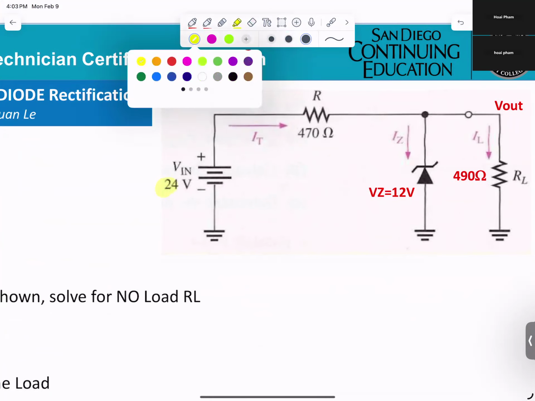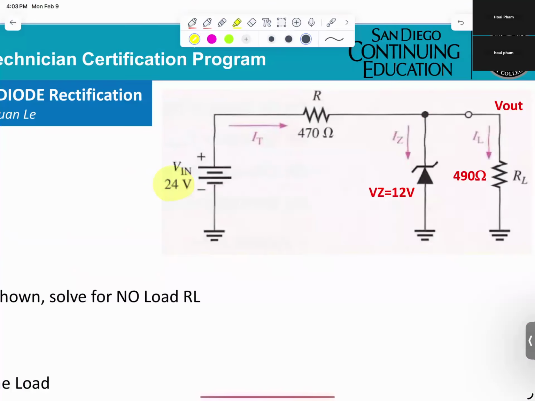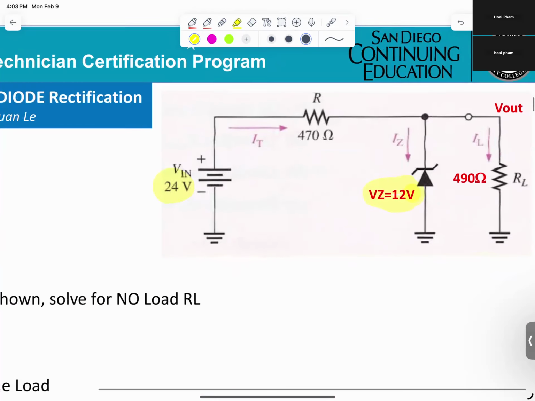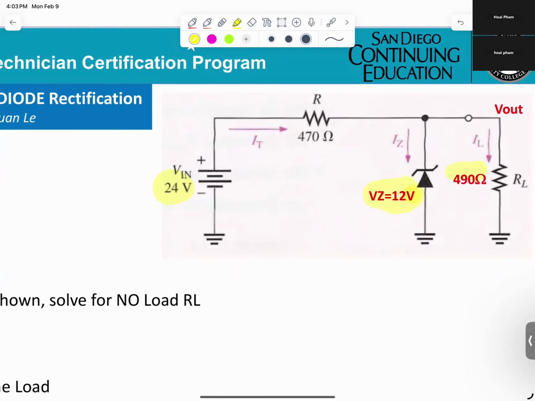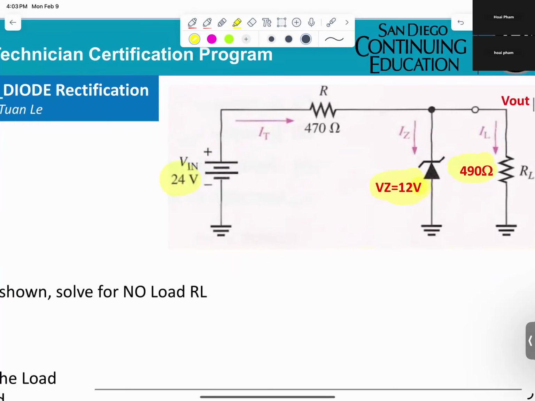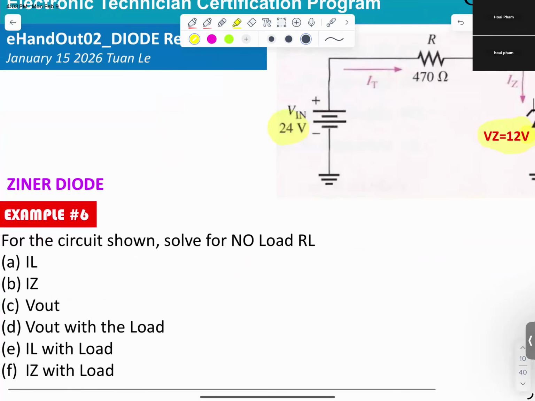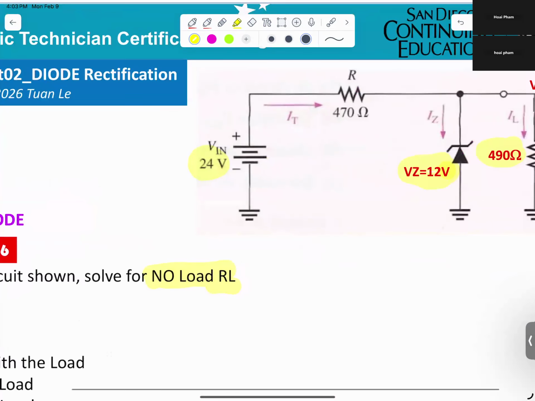You get 24, VG 12 volt, IL 490 for the circuit code. Zone for no load. If you don't have a load in here, we don't care about that back here.